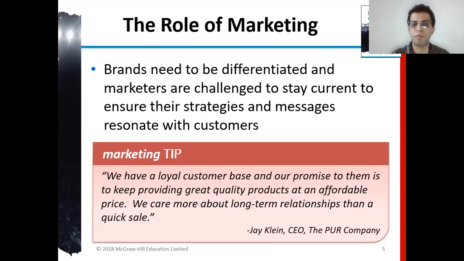Now, the role of marketing: the brand needs to be differentiated, and marketeers are challenged to stay current to ensure their strategy and message resonate with the customers. So for example, that gum needs to be differentiated from the rest of the gum available in the market.